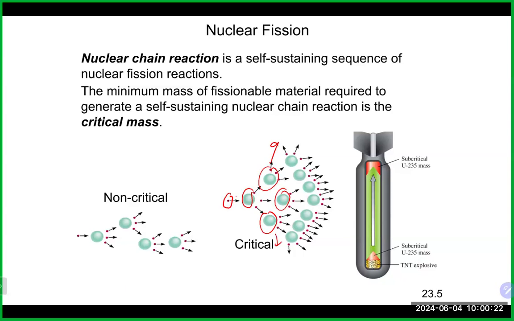The minimum amount of material needed to keep this fission reaction going is what is referred to as the critical mass. When you don't have the critical mass, a non-critical amount, you're able to contain it a little bit. It won't be able to just continuously keep going. If you do have a critical amount of it, you could keep this fission reaction going, because what starts it is also produced. So it just allows this reaction to keep feeding itself if you have the right amount.